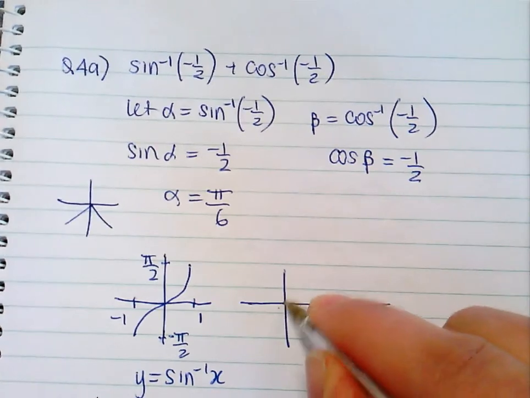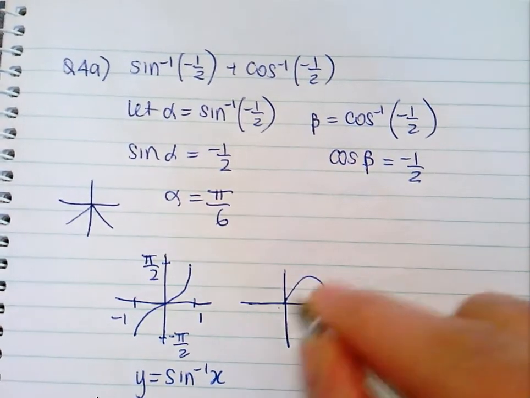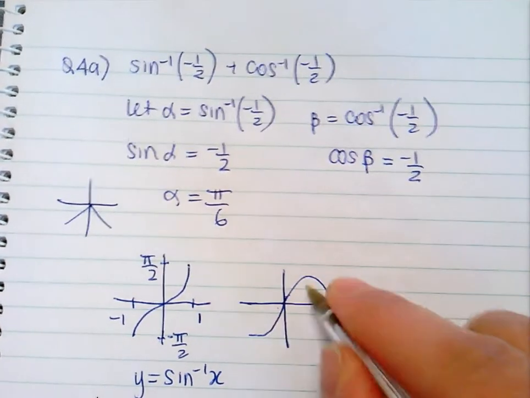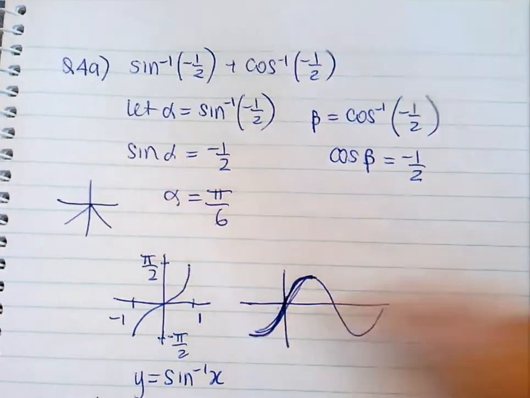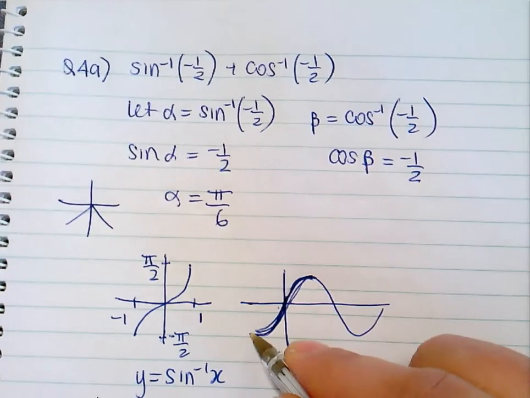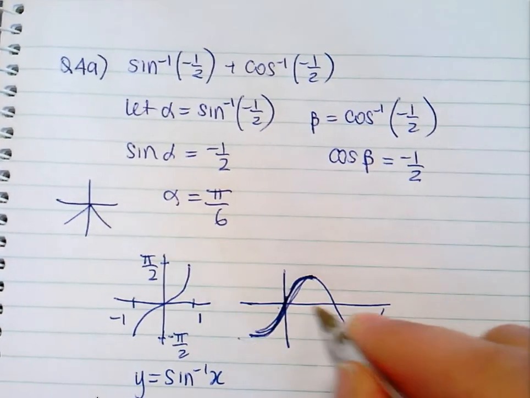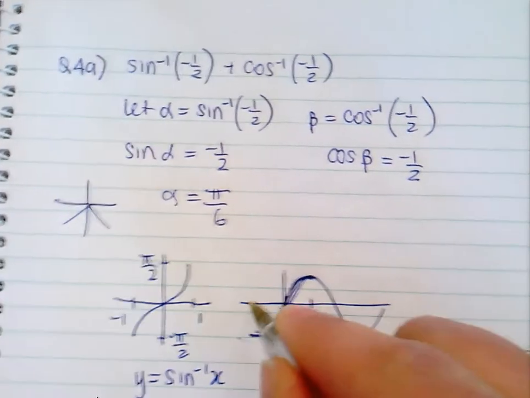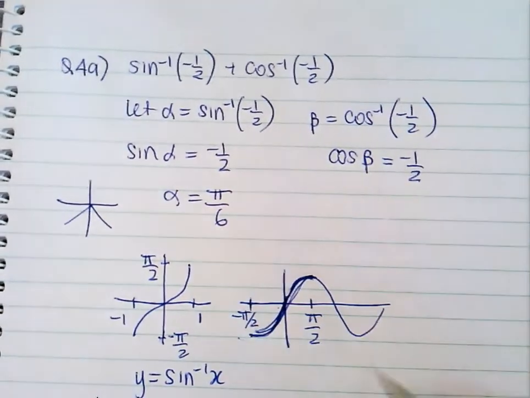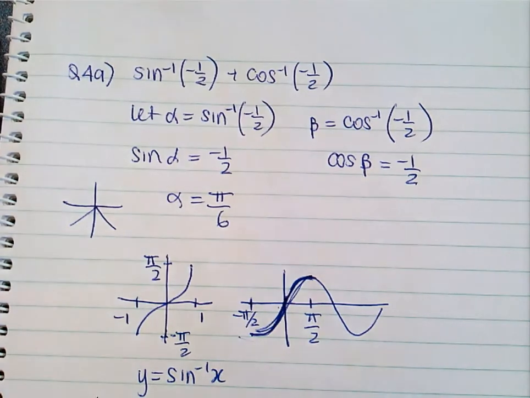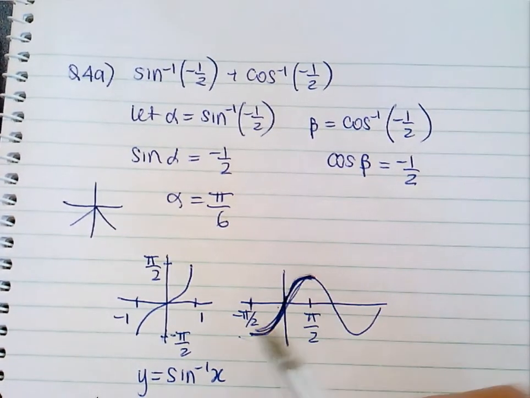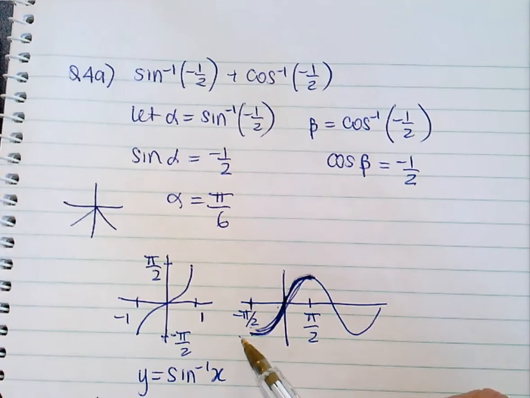Or if you do draw the original sine curve, you're not allowed to use all of it. The bit of the original sine curve that we use to come up with the inverse function is this bit, the monotonic increasing bit of the original sine curve. At the very beginning of the video that I did yesterday, I drew the sine function and I said we can only use this bit for the inverse function.